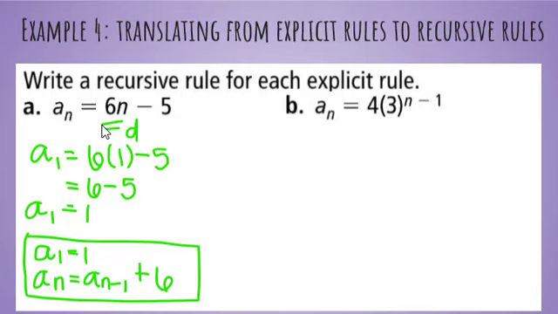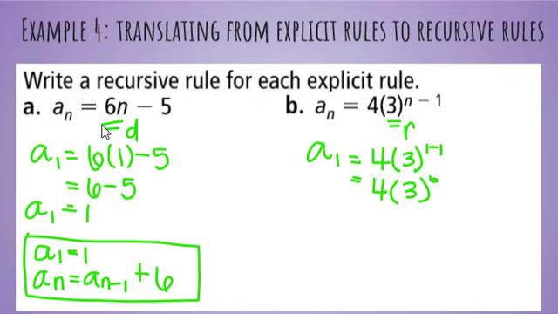Over here, we have a sub n equals 4 times 3 to the n minus 1 power. Again, this number in the parentheses is your r. We do need to calculate our first term. So we have 4 times 3 to the 1 minus 1 power. 1 minus 1 is 0. 3 to the 0 power is 1.